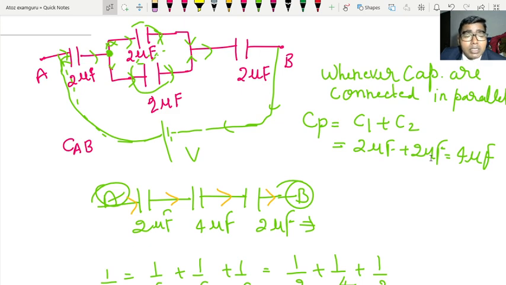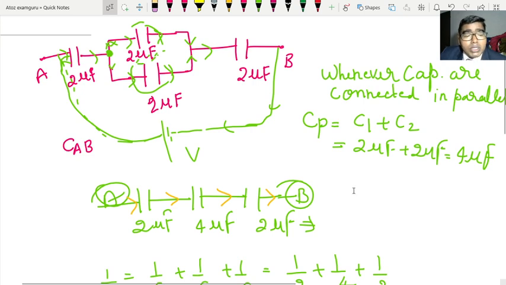It will remove your doubt and the possibility of silly mistakes that often happen during the solution of questions. Sometimes we know which elements are in parallel and which are in series, but make mistakes while calculating. If you use this method, the possibility of mistakes will be reduced to zero.